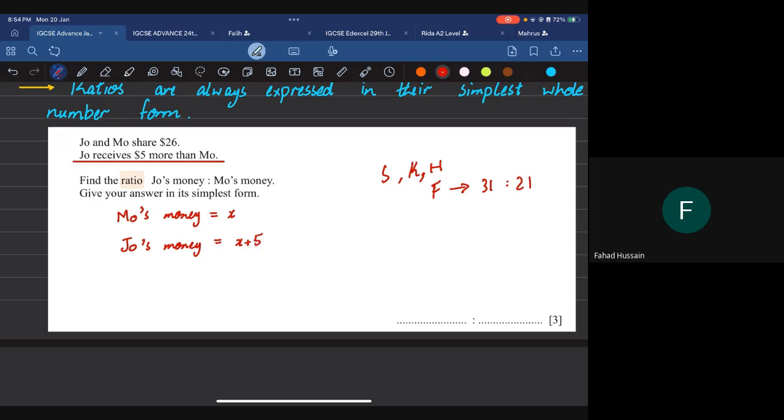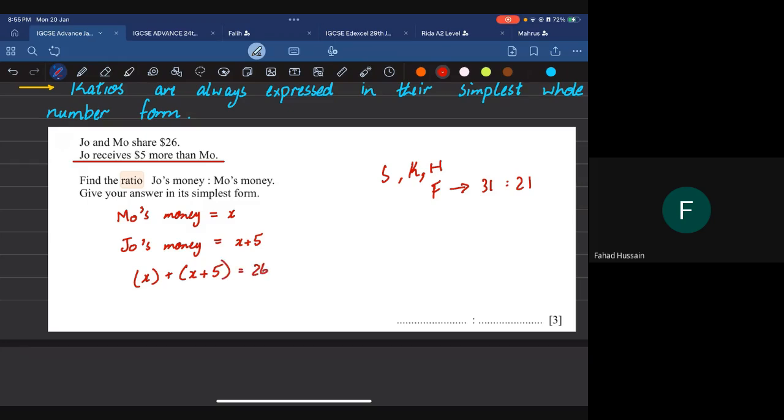All right. Yes, Fahad. Next up. What should I do? Then we can make an equation which will be X plus (X plus 5) is equal to 26.